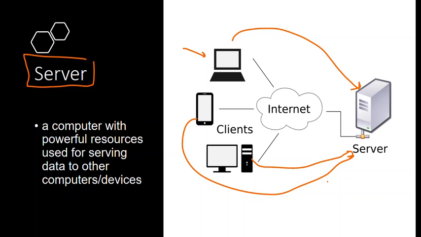So in this case, the server also will be part of a network so that it allows data communication between the normal computers with the limited resources and the server with the powerful resources, which in most cases will provide certain types of data or simply services to the clients of different types.